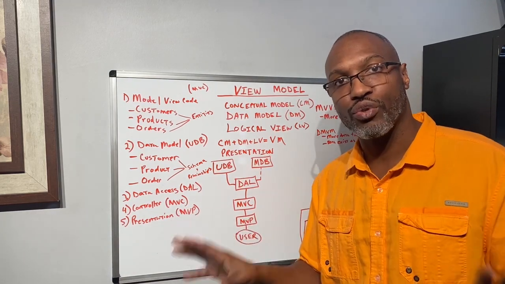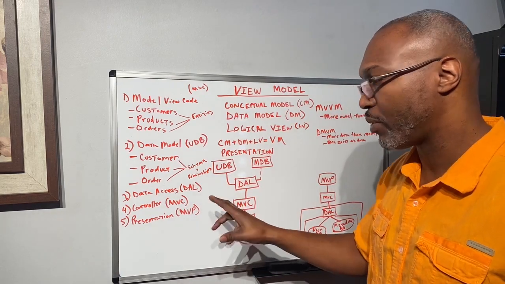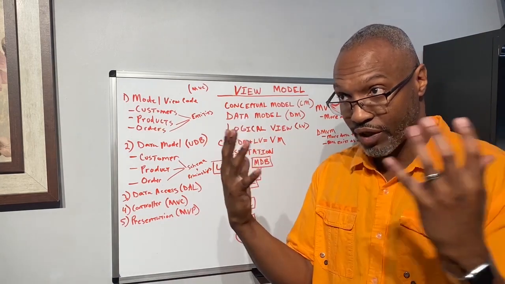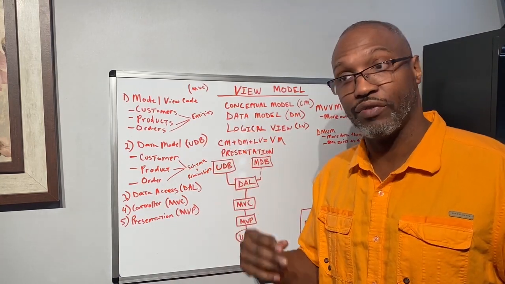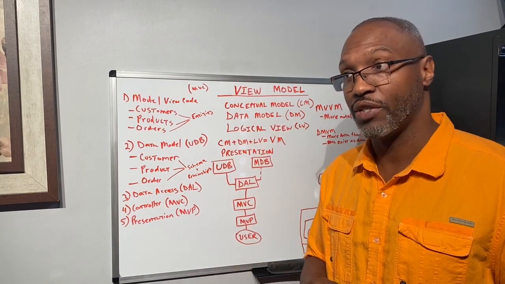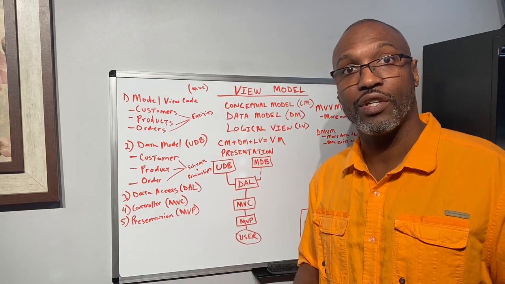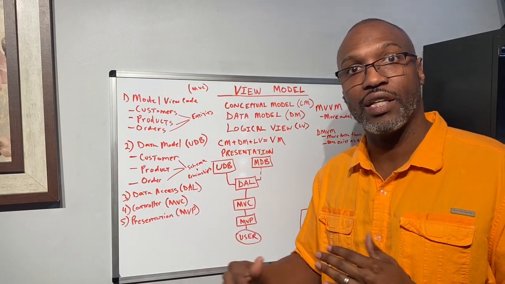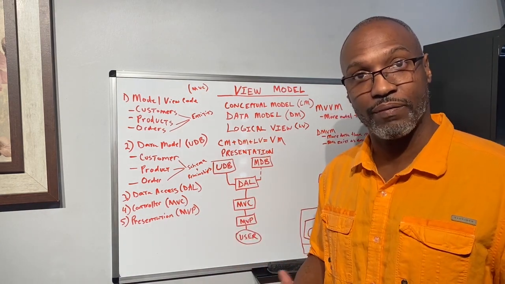Then you need a controller. A controller is responsible for ensuring that the presentation layer, the user interface, can take the commands from the user. If the user wants to save information or push information up to the database, make any changes, or access a new screen, the controllers drive those requests.